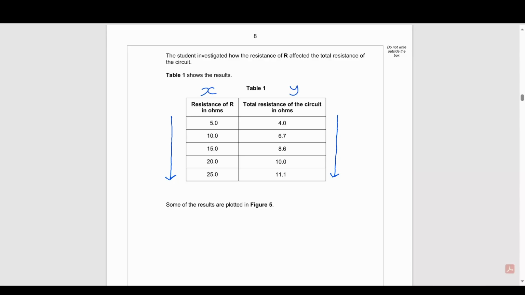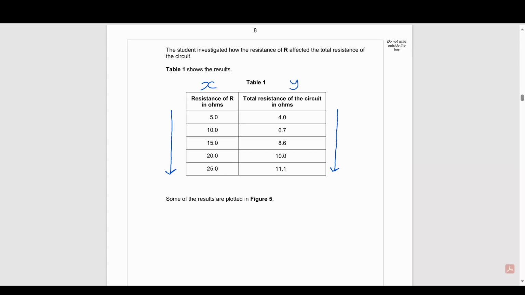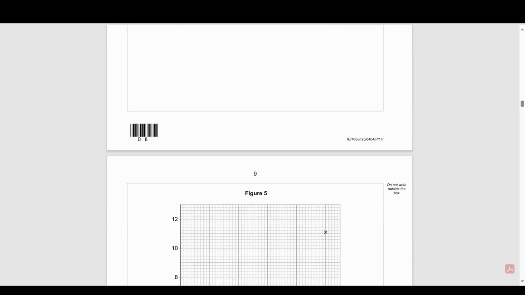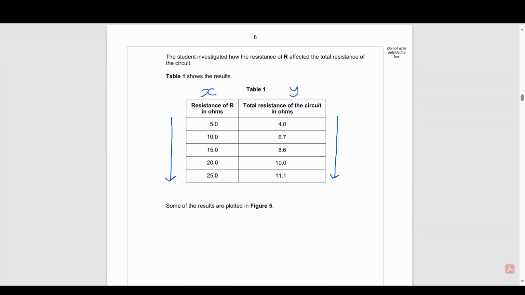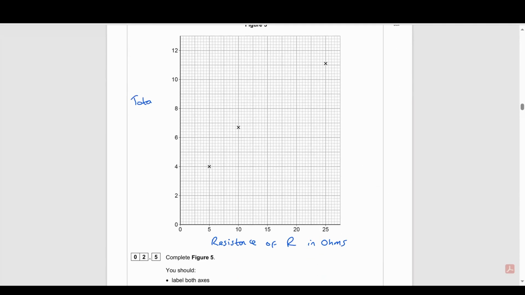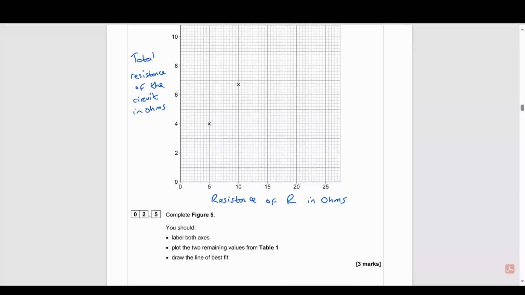So we're changing the resistance of R, so it needs to be the resistance of R in ohms. But then for our y-axis, it needs to be the total resistance of the circuit in ohms. So we've labeled both axes.